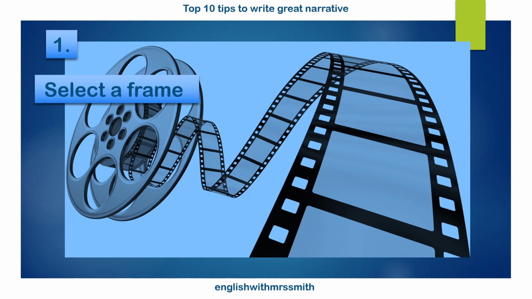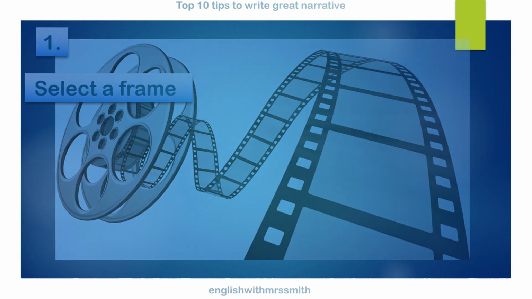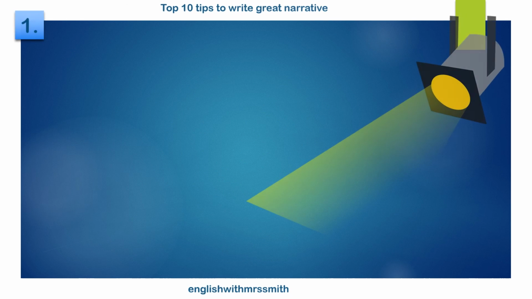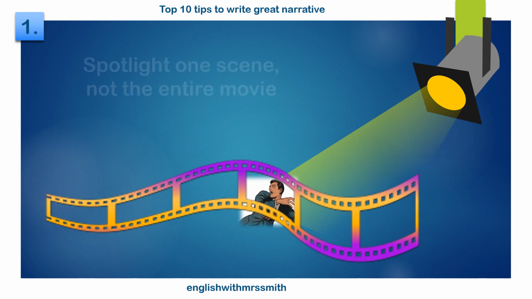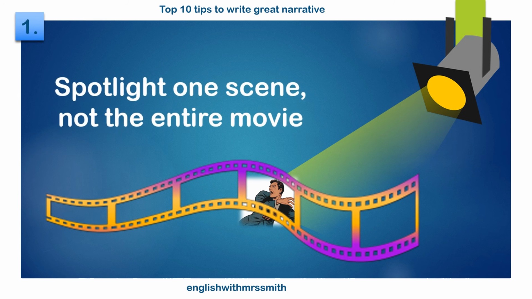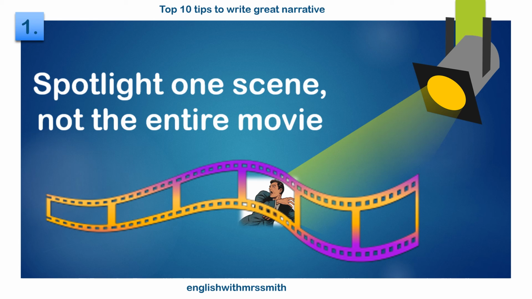So tip number 1 is to recognise that this is not the platform for producing a great novel, but rather it's an opportunity to spotlight one sequence, one exciting scene from the movie. Possibly the opening pages, introducing a dramatic setting with a mysterious character involved in something intriguing, or perhaps the climactic moments of a great struggle or chase.